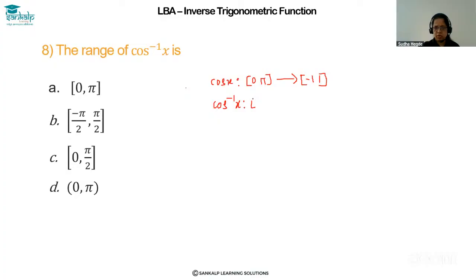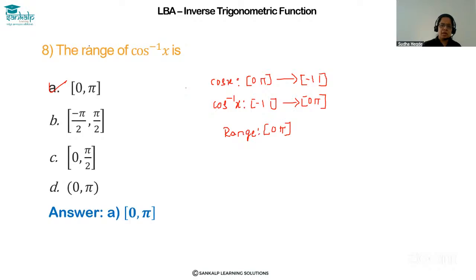It is minus 1 to 1 to 0 to pi. Therefore, can you tell me now what is the range? Therefore range is closed interval 0 to pi. Okay, got it right? So check the option. Option A is the correct answer. Closed interval 0 to pi is the range of cos inverse x. Thank you.